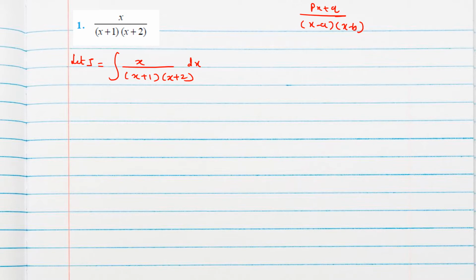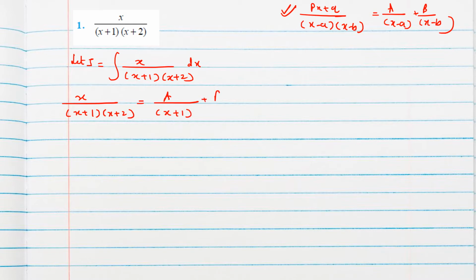That means we can write the partial form as A by the first bracket and B by the second bracket. So this form we should use here. So we can write x by (x plus 1)(x plus 2) as A by the first bracket plus B by the second bracket.